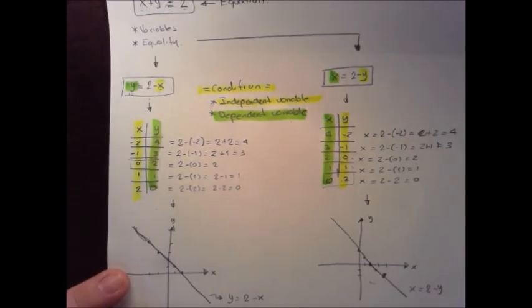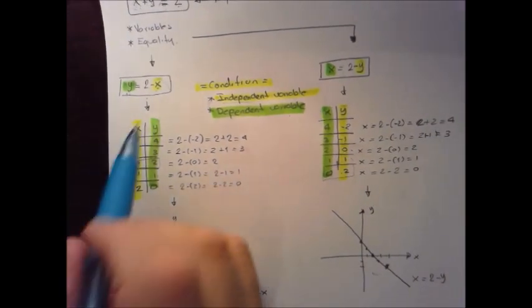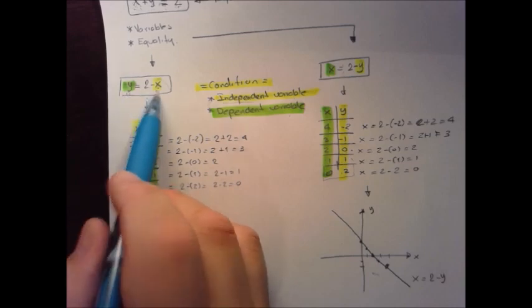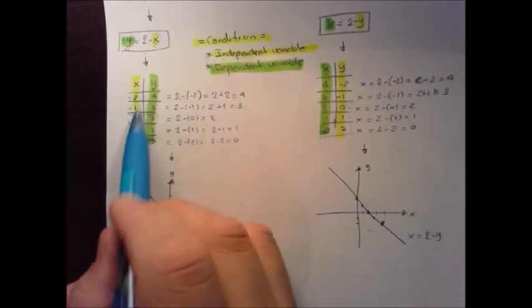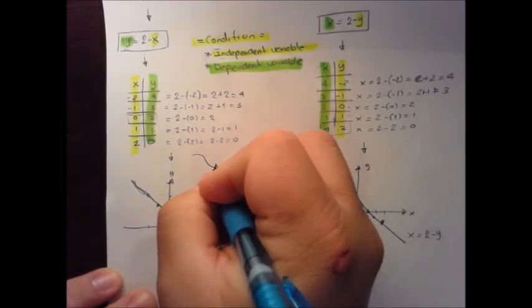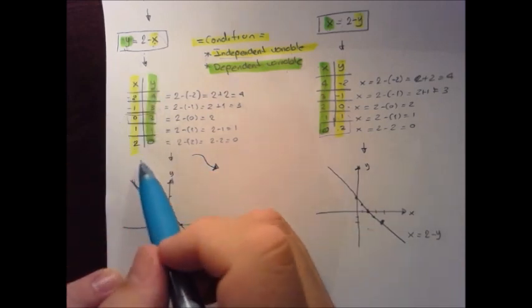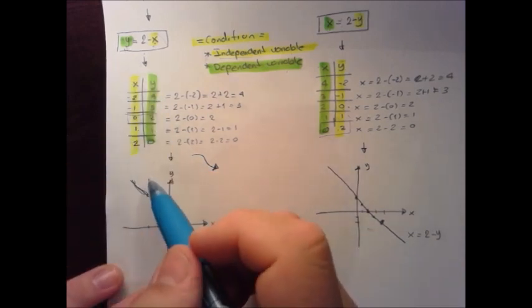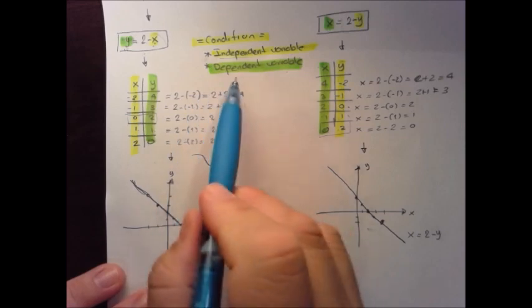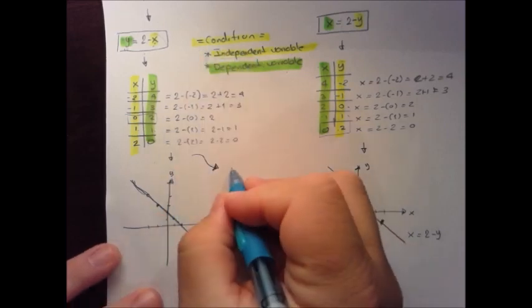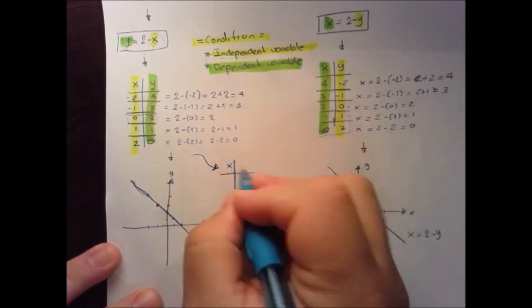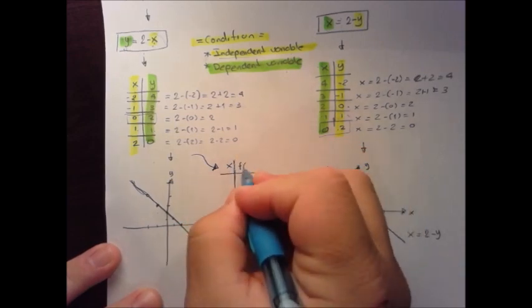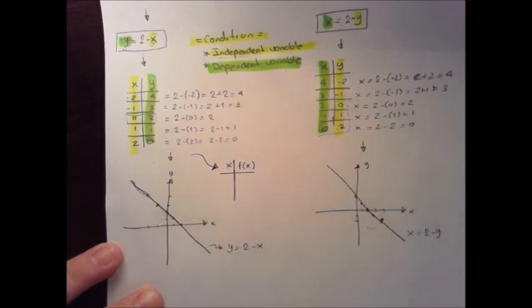And the algebra representation in that case is not going to be just y and x or x and y. It's going to be different. For example, if I want to make the table of values according with a condition, I'm going to write x and, over here, f of x instead of y.